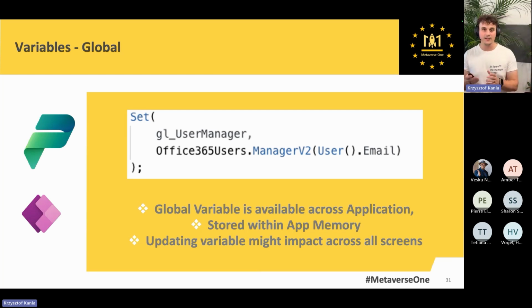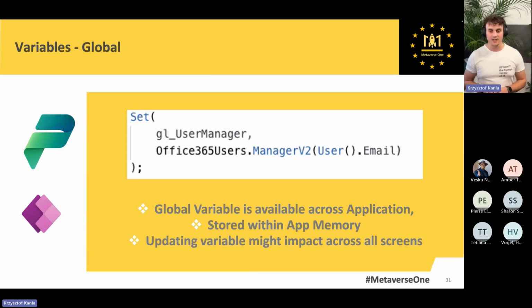So we should add a different prefix at the beginning. So for global variables, it is commonly used to use GL and then underscore, maybe not underscore. It all depends on with whom you work and what rules you have in your team. But GL is from global. So then inside your app, you can easily understand, oh, this is available everywhere.